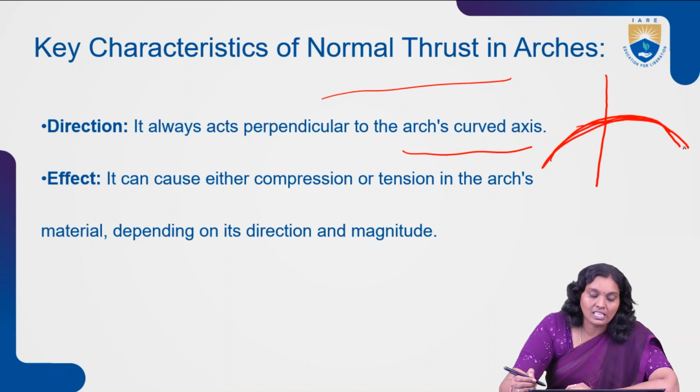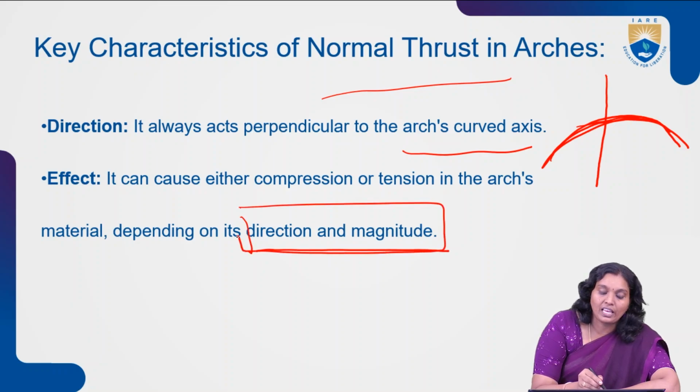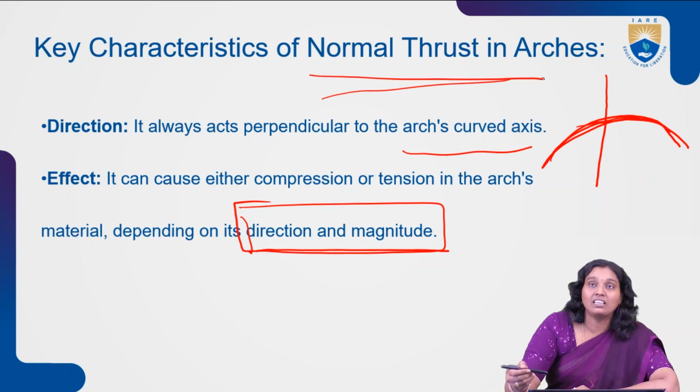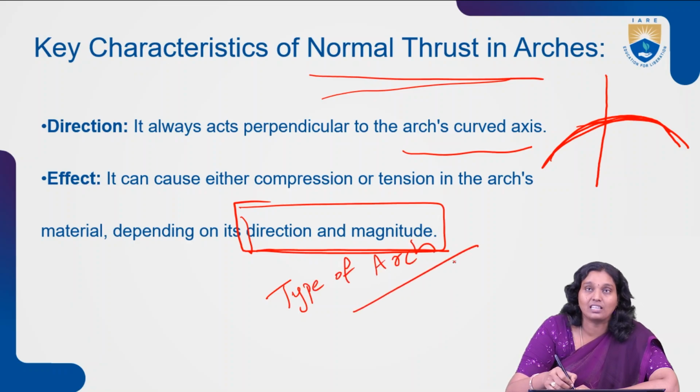Also, this effect can cause either compression or tension in the arch's material depending on its direction, and its magnitude also plays a key role in the normal thrust in arches. Whatever the type of arch, we may understand these characteristics.